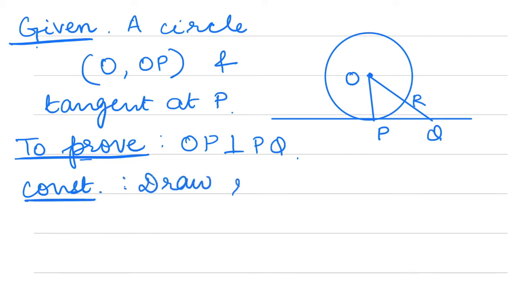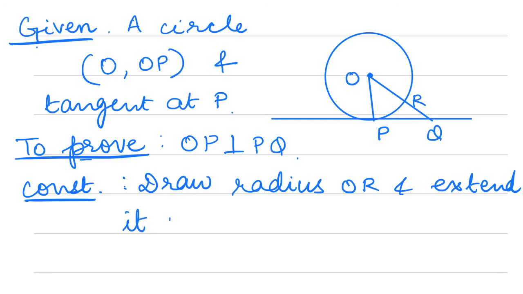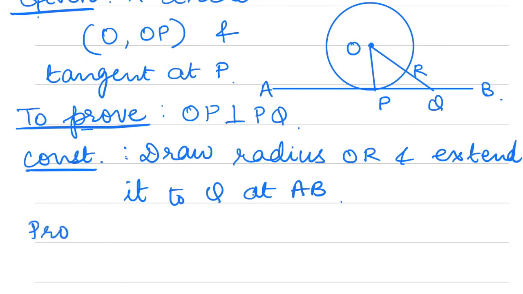Draw radius OR and extend it to Q, and let this be AB. Q is on AB. Now proof.